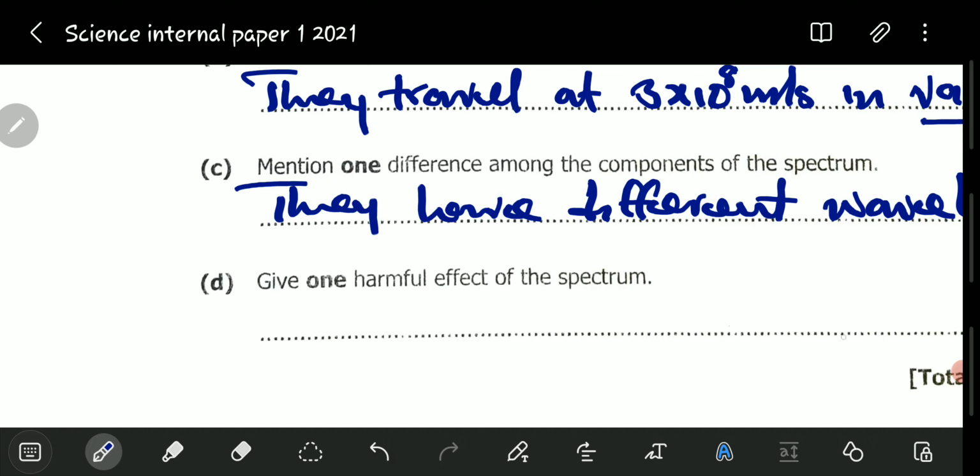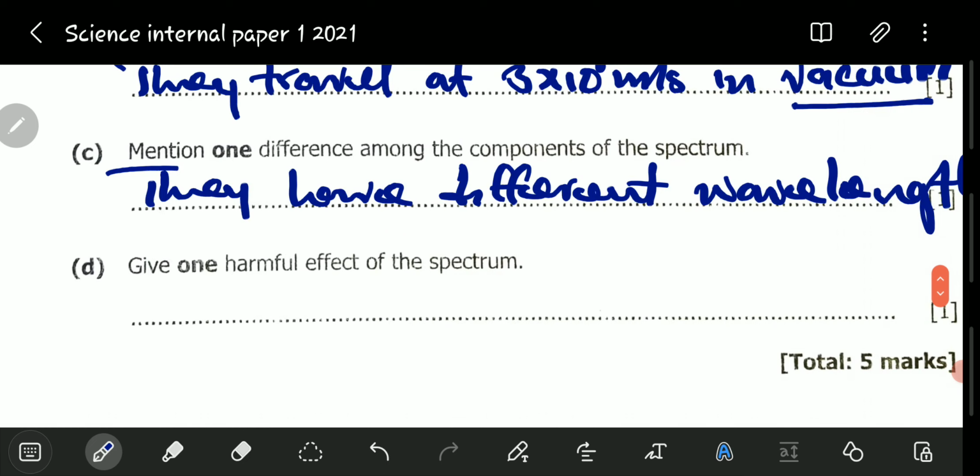When it comes to the harmfulness of these, depending on which part of the spectrum the harm may come, others may not pose harm, and it depends on what we expose them to. I'll give an example.